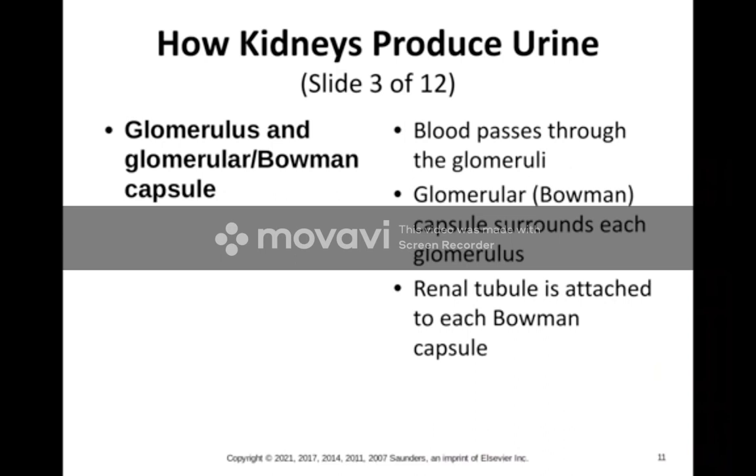The glomerulus and glomerular Bowman capsule. So this is where the blood passes through the glomeruli, and the Bowman capsule surrounds each glomerulus. The renal tubule is attached to each Bowman capsule.